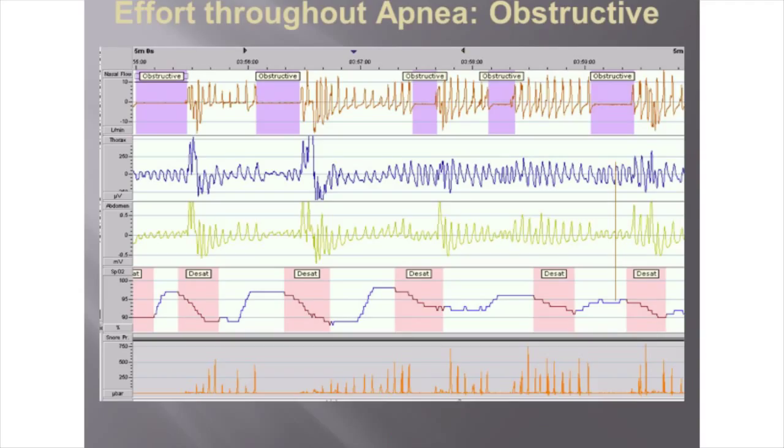This is a common example of obstructive sleep apnea where you see the cessation of airflow at the top, but the thoracic and abdominal muscles continue to operate, sometimes in opposite directions, with the corresponding desaturation that you see in the lower graph, and the snoring index to complete the picture.